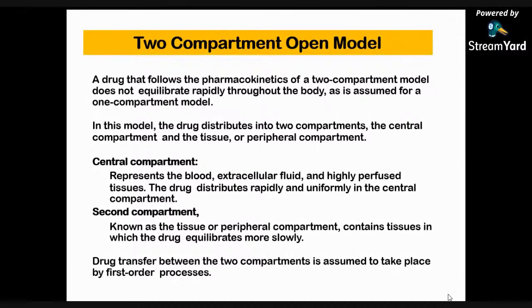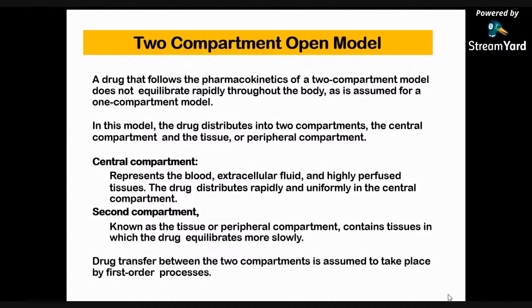In contrast, a polar drug cannot penetrate the blood brain barrier, and the brain in this case will be a part of the peripheral compartment, despite the fact it is a highly perfused organ.